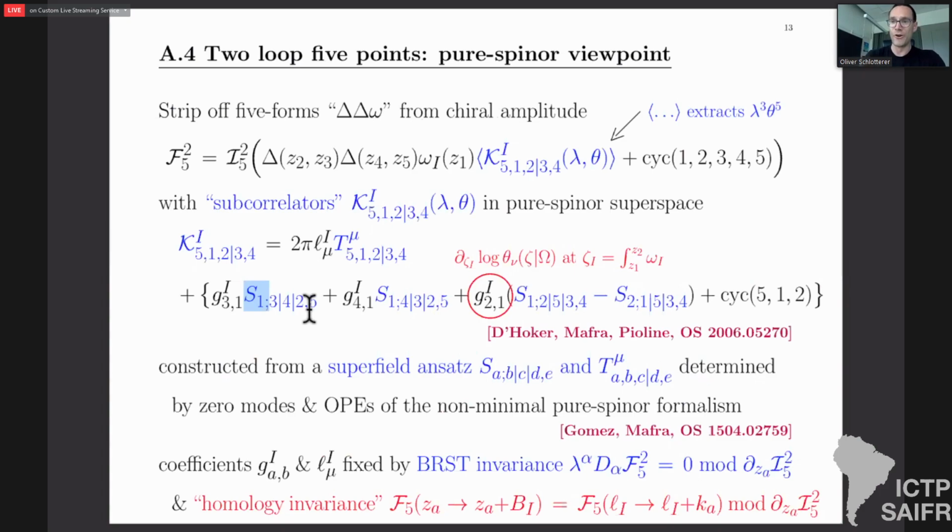And what you can also learn from the zero mode structure in the pure spinor formalism, you can at most have one loop momentum or one OPE. So out of this alphabet of kinematic factors and worldsheet functions, there's not much what you can do, in particular if you impose some consistency conditions like BRST invariance and homology invariance.